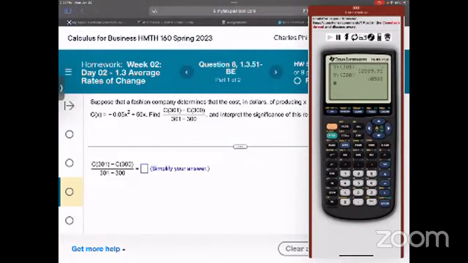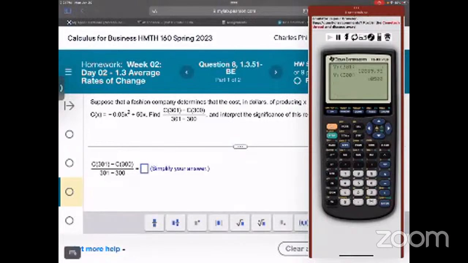So basically it costs about $20 more to produce an additional cell phone case after the 300th case, $19.95. Now, that's important, right? Because if we have this business, we want to know how much more it will cost us to produce one more cell phone case over 300.